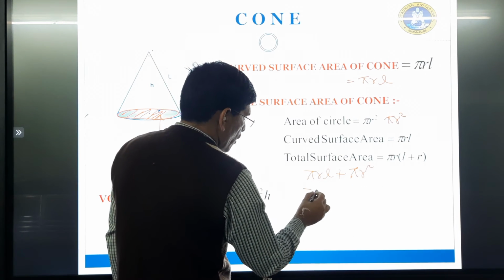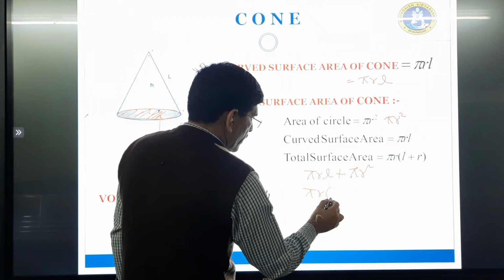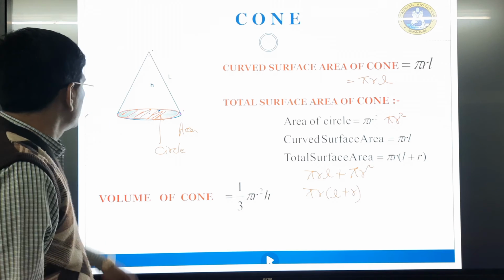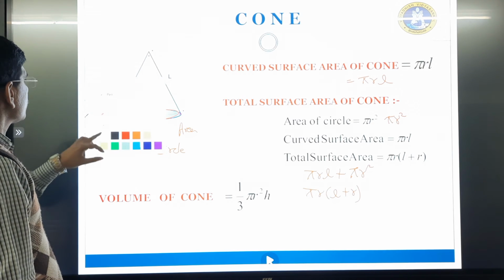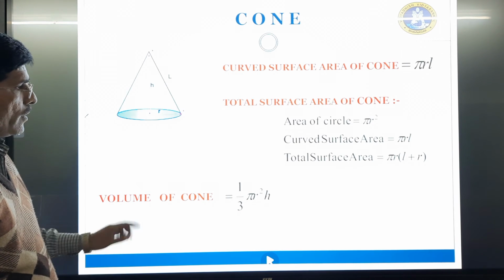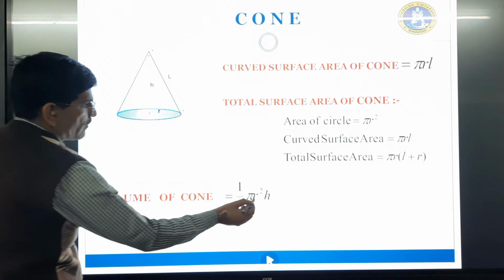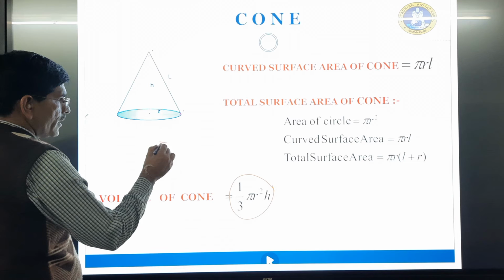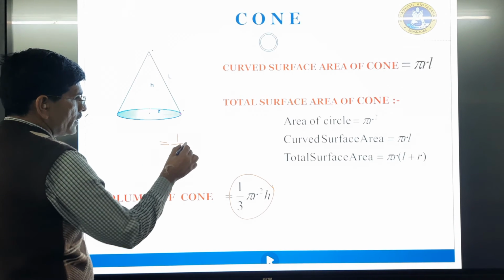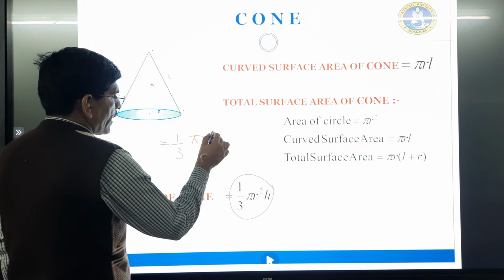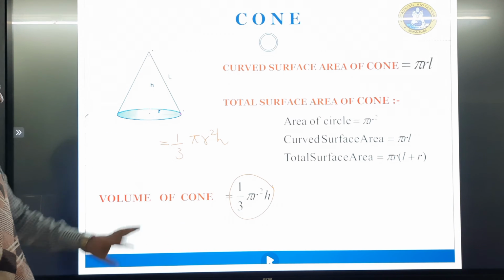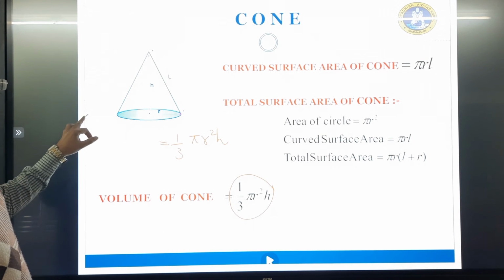If I take common pi r, we can write pi r (L plus r). Now the volume. The volume of a cone is equal to 1 by 3 pi r square h. Volume of cone is 1 by 3 pi r square h.